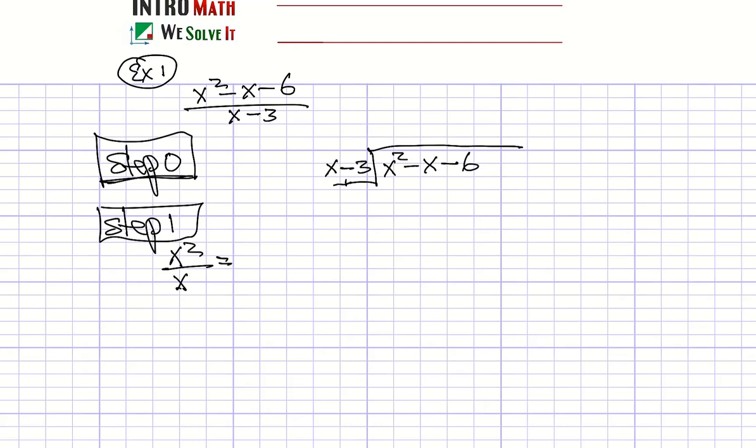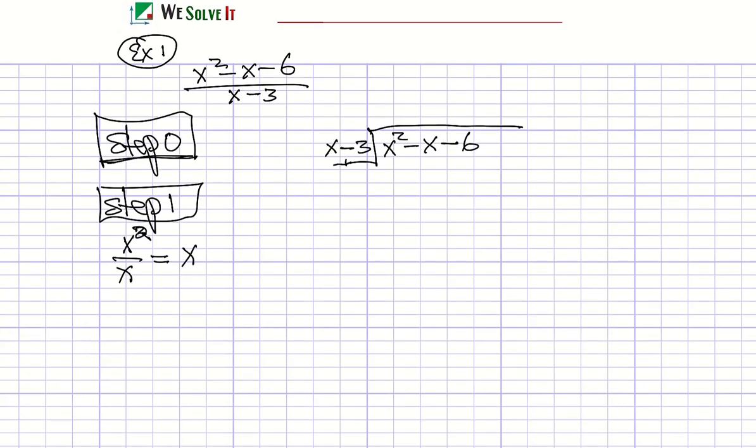You divide things out, what do you get? Let me give myself space, I don't want to cluster things again. x squared over x. What do you get there? You get x, right?